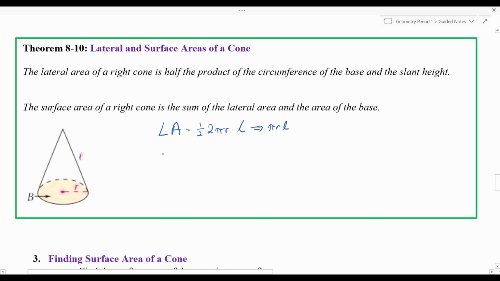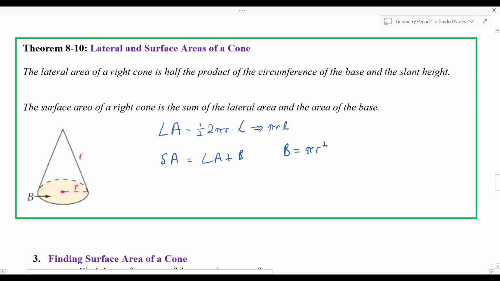Now for the surface area, it looks almost the same. It's going to be the lateral area plus the area of the base. And the base is a circle, so B is going to be pi r squared.